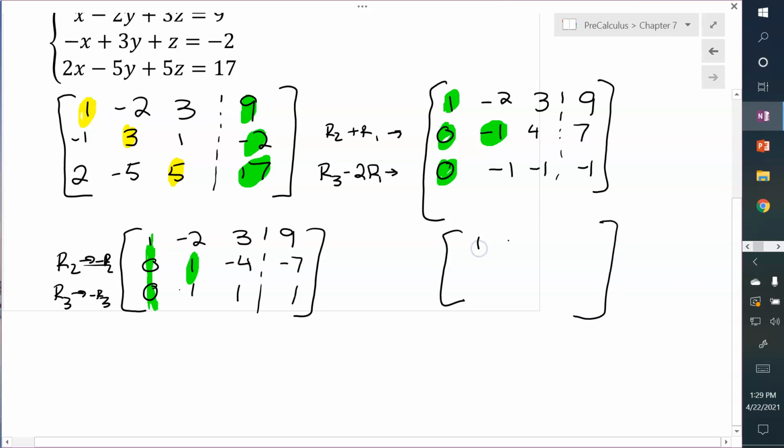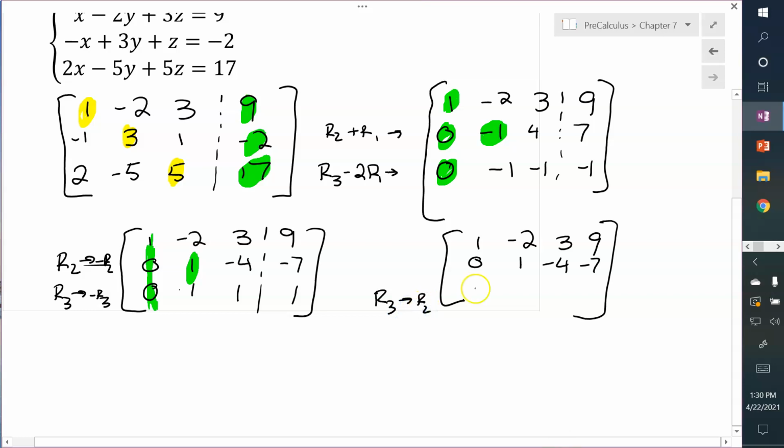And I have 1, -2, 3, 9, 0, 1, -4, -7. And then what I want to do here is take row 3, and I think I'll subtract row 2. So row 3 minus row 2.